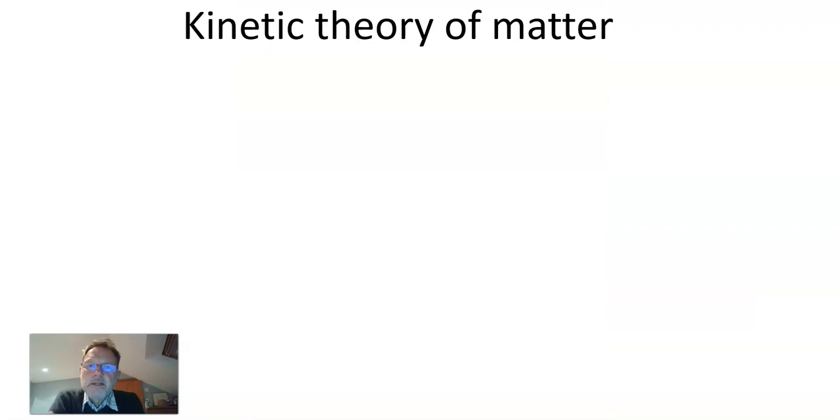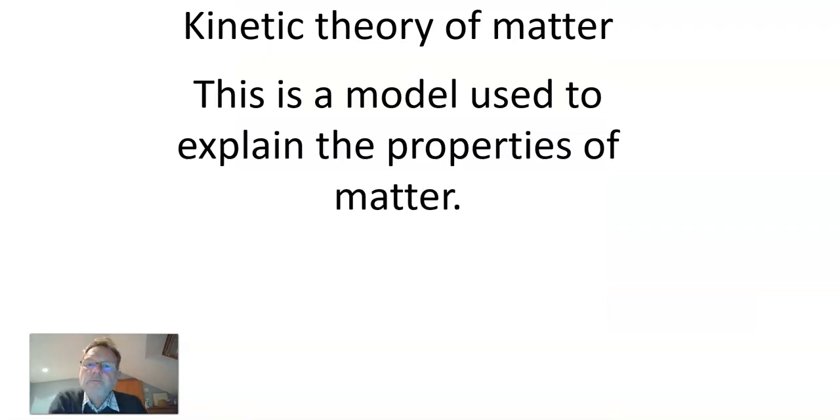So what do we mean by the kinetic theory of matter? Really, it's a model that we are going to use to explain the properties of matter. This doesn't just apply to diffusion, the spreading or mixing of gases and liquids. It's also to do with explaining how solids, liquids and gases behave, and how they are different from each other in terms of their particle makeup.